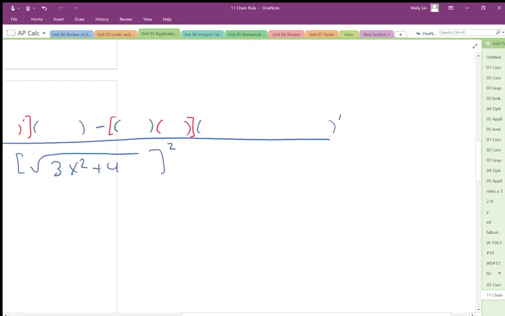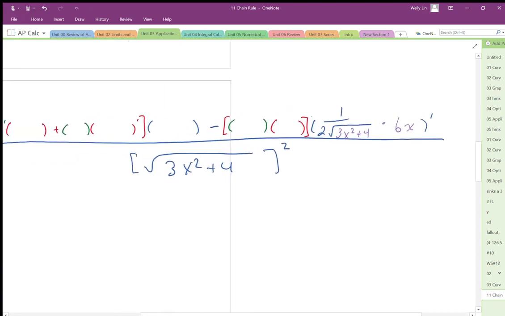In this part here, I'm going to differentiate the outside. So there's the derivative of the outside. That's my outside function. But I have this embedded inside function. Because I'm differentiating the outside, I have to apply the chain rule to accommodate that inside function. So this is the only place where we're going to apply chain rule. Okay, so there it is. That's the hardest part of this expression.